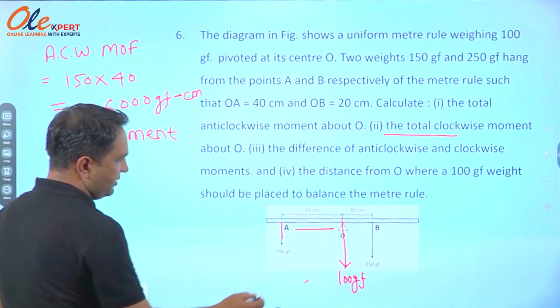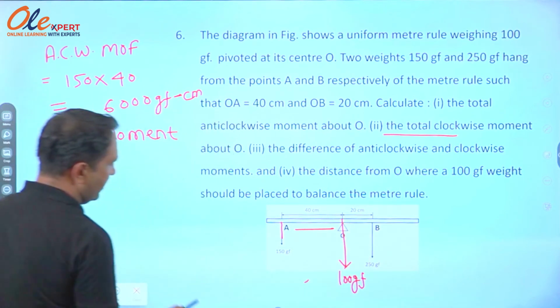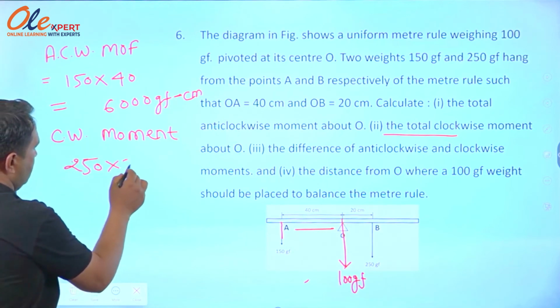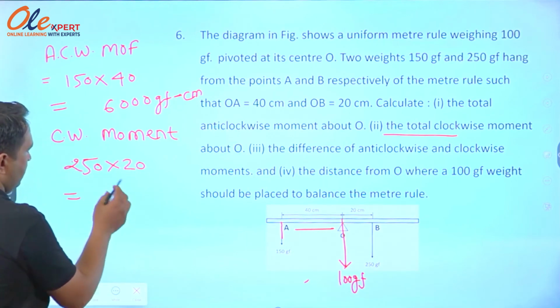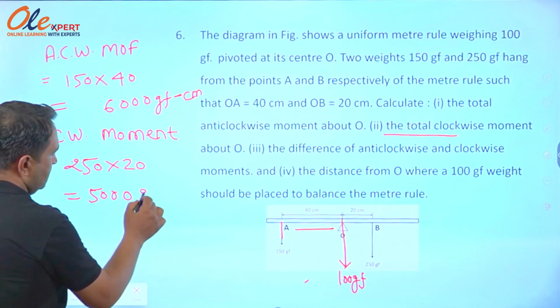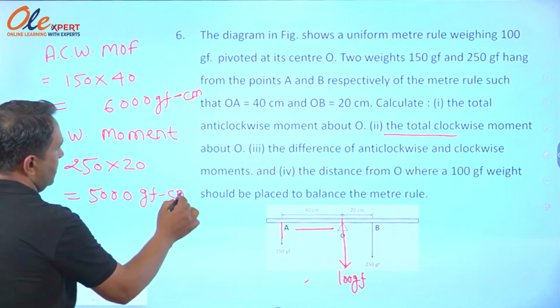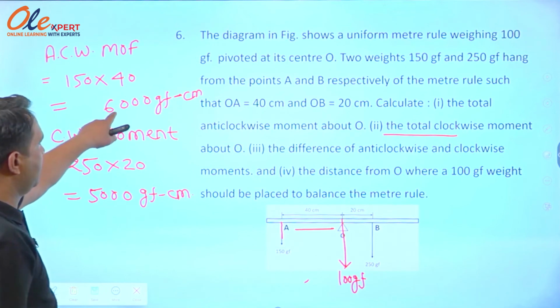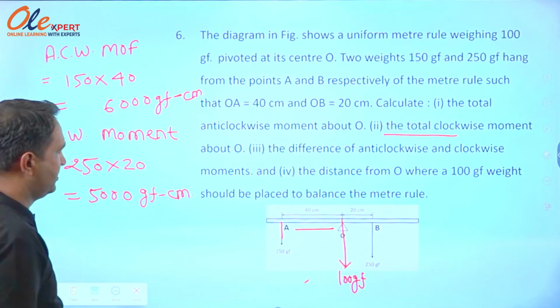And again the total clockwise moment: we will calculate 20 into 250, or 250 into 20, is equal to 5,000 GF centimeter. So this will be the clockwise moment. Anti-clockwise moment is greater than clockwise moment.